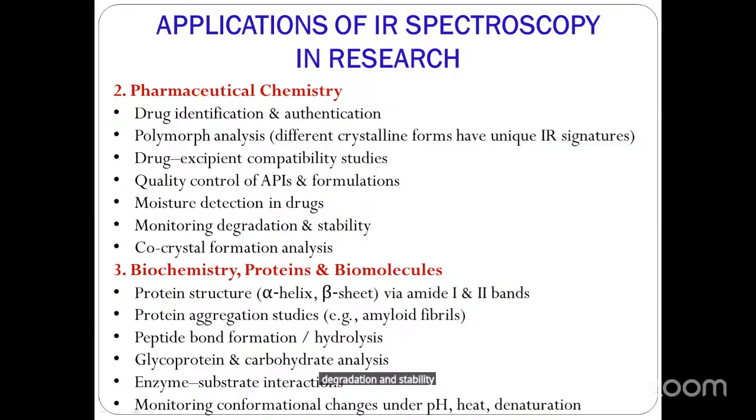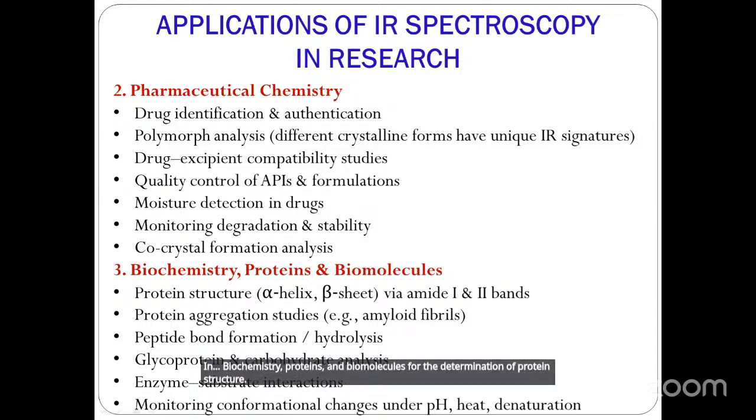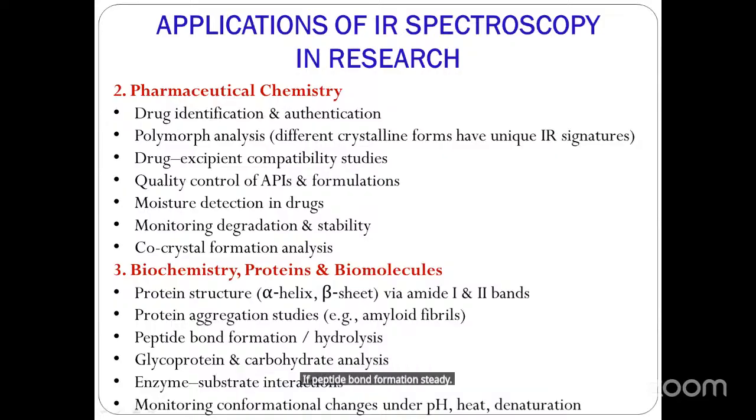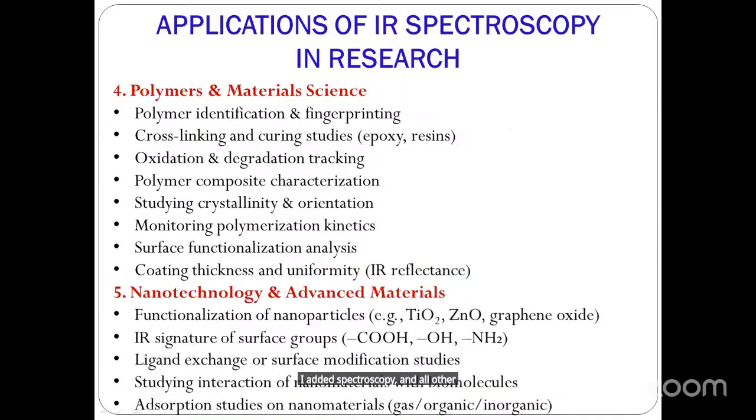We can also employ IR spectroscopy in biochemistry, proteins and biomolecules for the determination of protein structure, the type of amide linkage present in the protein, protein aggregation studies, and peptide bond formation studies. Enzyme substrate interaction is also an important aspect which can be studied by IR spectroscopy, and all the other applications you can see here.